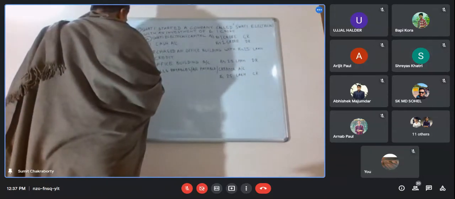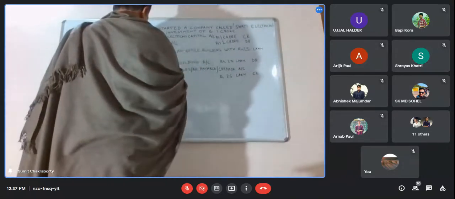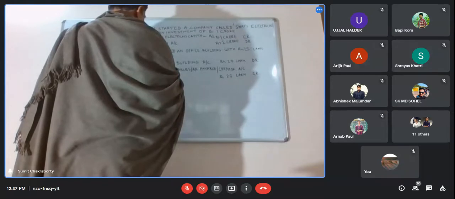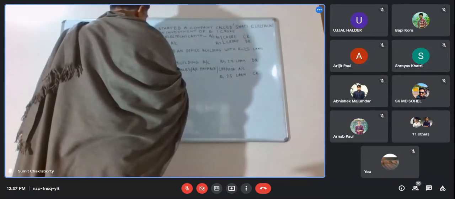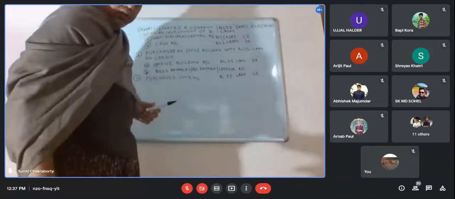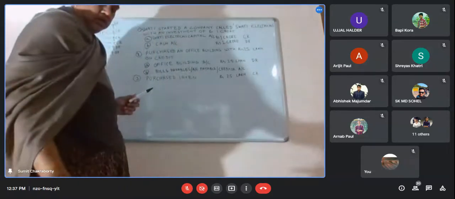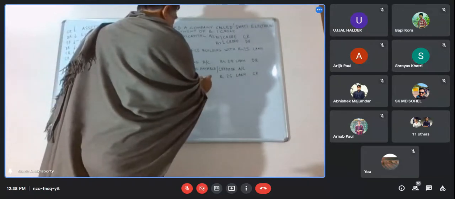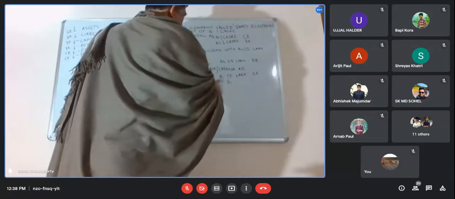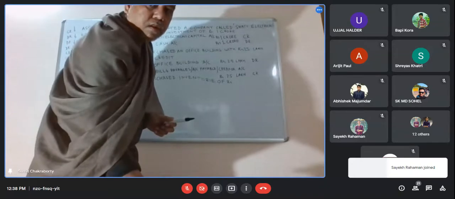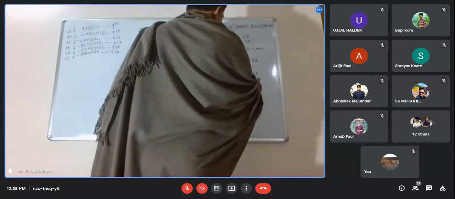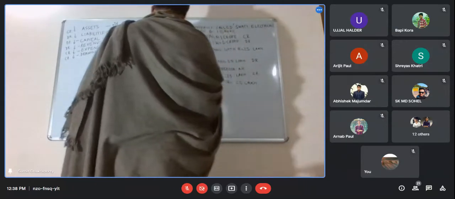Statement number 3. Purchase inventories of rupees 25 lakh in cash.